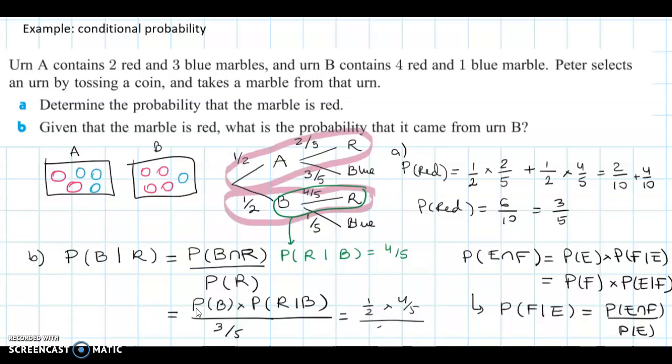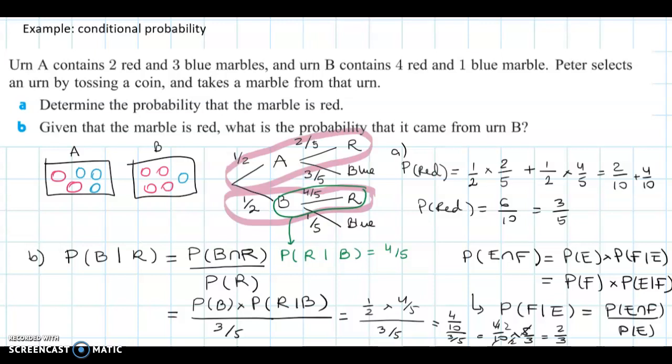And all of that divided by 3 over 5. So, sorry, I'm running out of space over here, but then I have a numerator of 4 over 10 divided by 3 over 5. So 4 over 10 times 5 over 3. Cancel over here to say that this is 2 over 3.